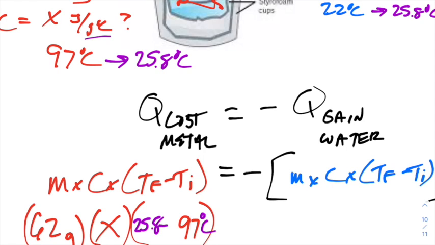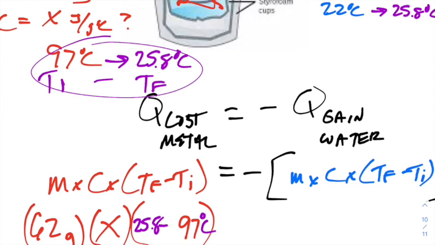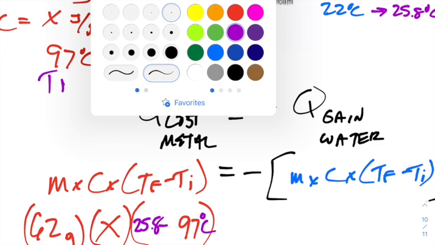I lost heat. So again, this number here should be negative, which is why we have final minus initial. So again, here's F and here's I. You always have final minus initial, TF minus TI.